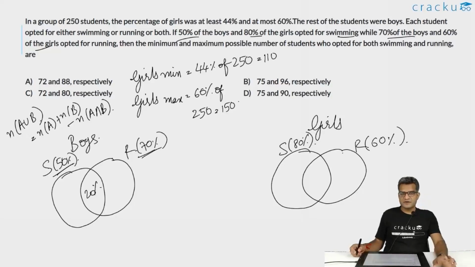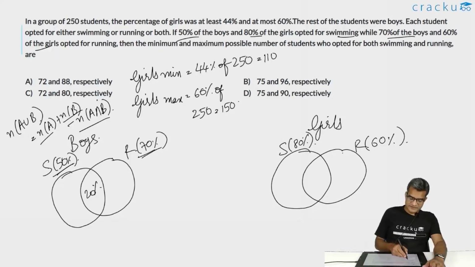If you are trying to find out how many have done at least 1, you calculate the number of people who have done one task, add it to the number who have done the second task, and from that subtract the number who have done both tasks. Another way to look at it is, if you are looking for the number of people who have done both the tasks, that is n of A intersection B.